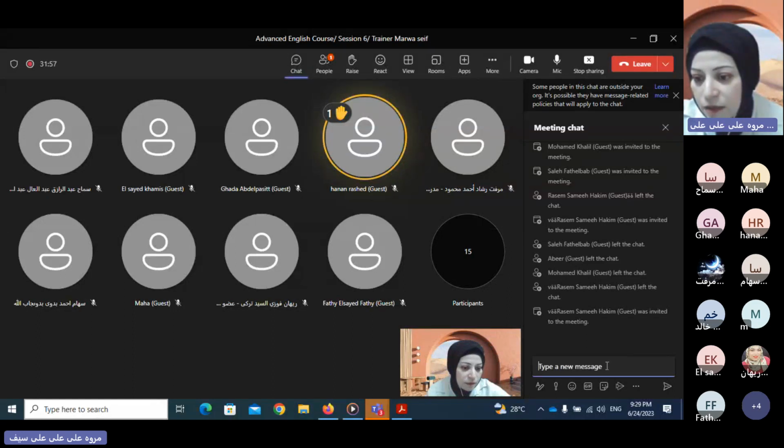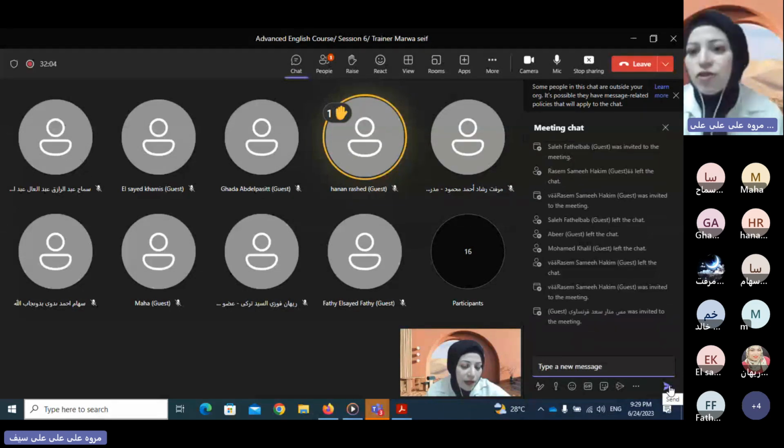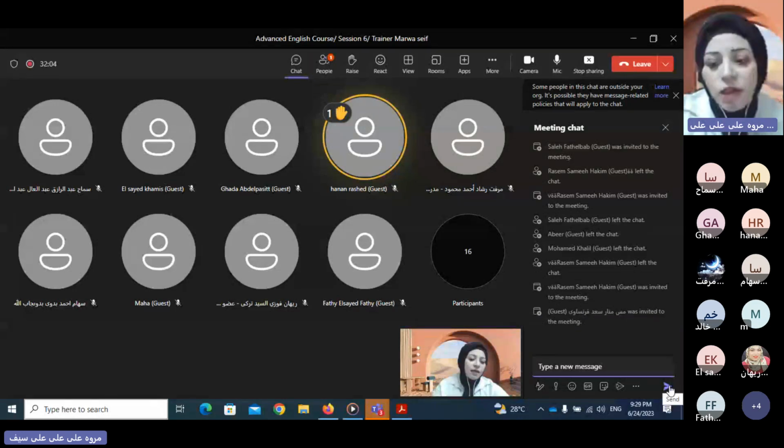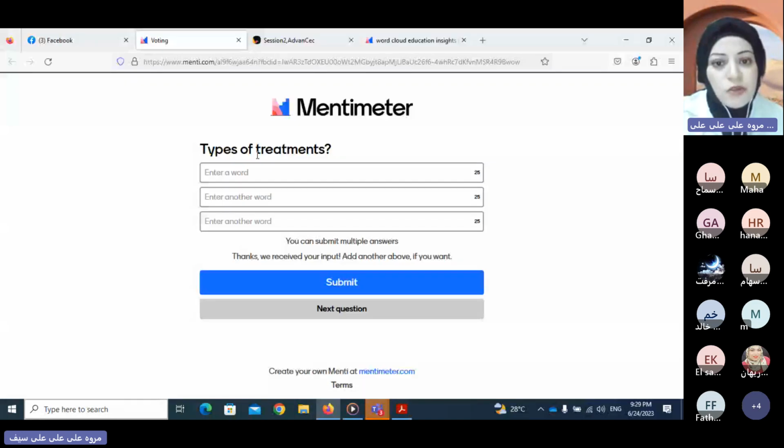Paste the link, okay. Now, did you get the link? You just click the link and go to the Mentimeter. You will find it like this: types of treatments. If you know, of course, whatever kind of treatment you know, just write them here and then click submit.